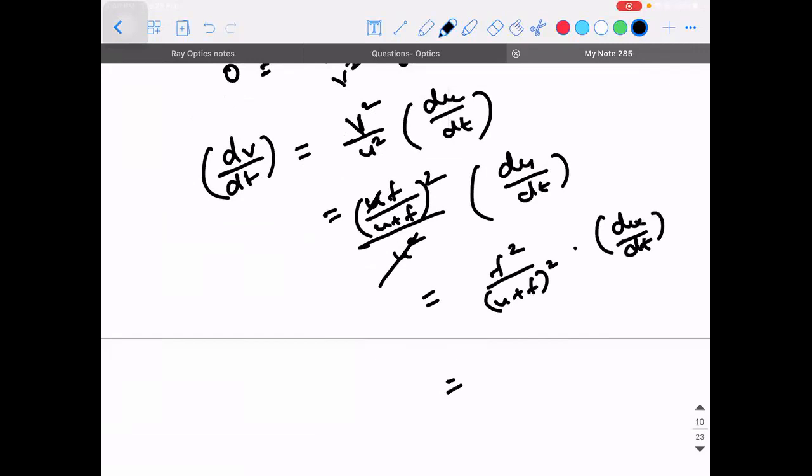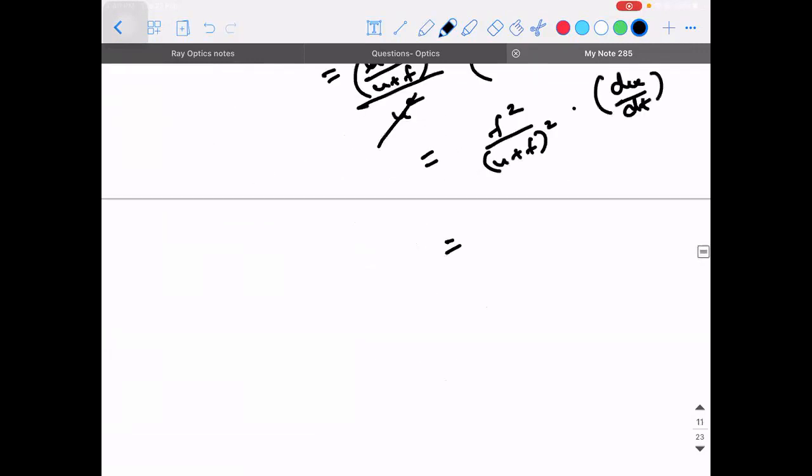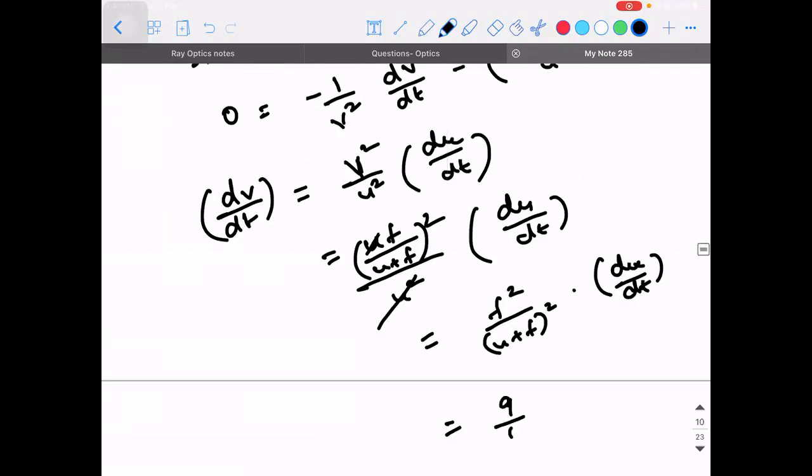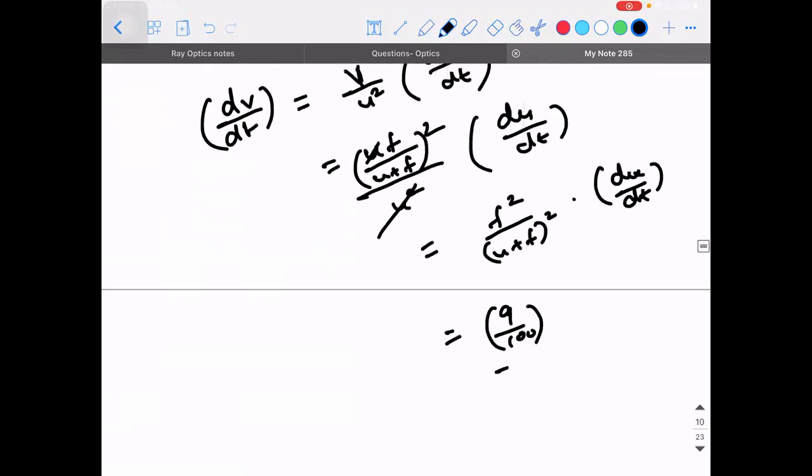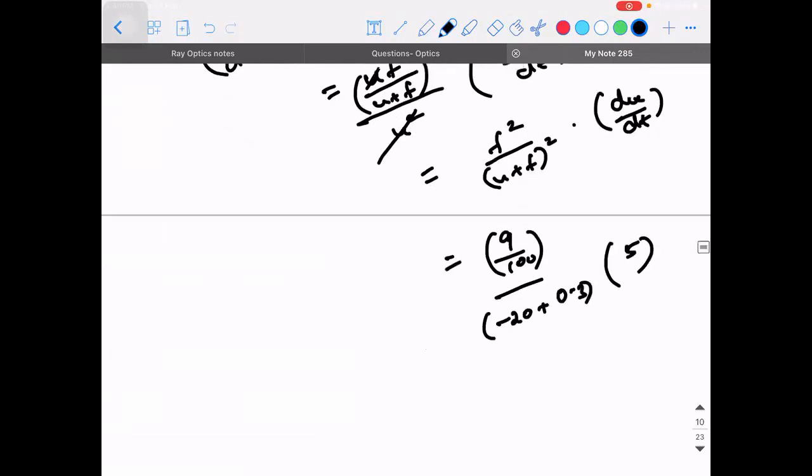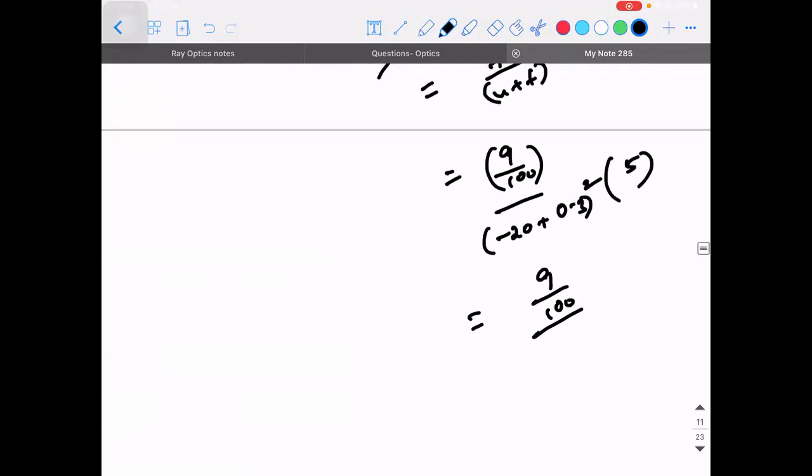Understood? So f square is how much? 0.3 square, that is 9 by 100. So 0.09 divided by u is minus 20 plus f is 0.3, the whole square, into du by dt, which is 5. So 9 by 100 divided by minus 19.7 the whole square into 5.